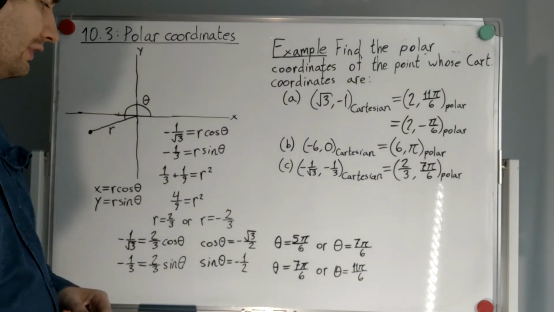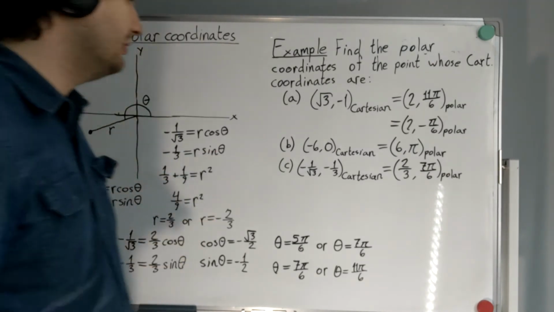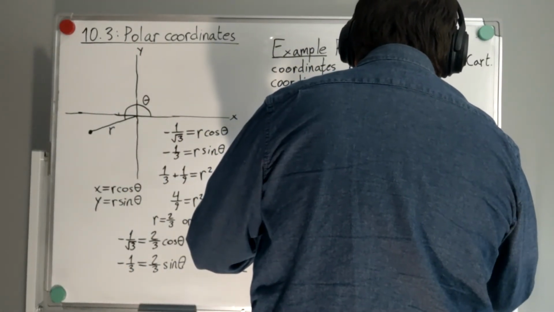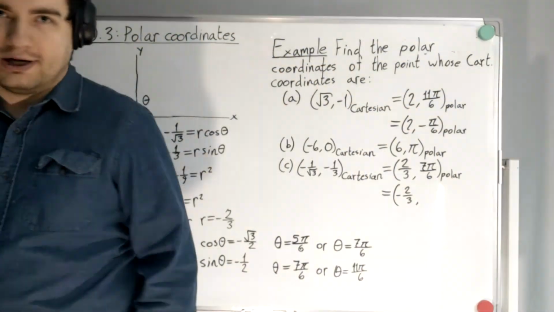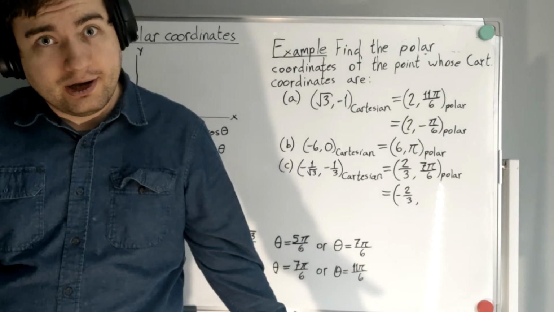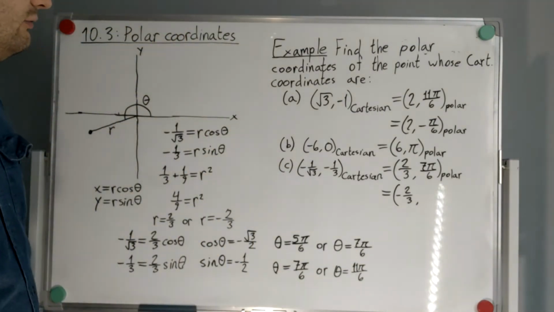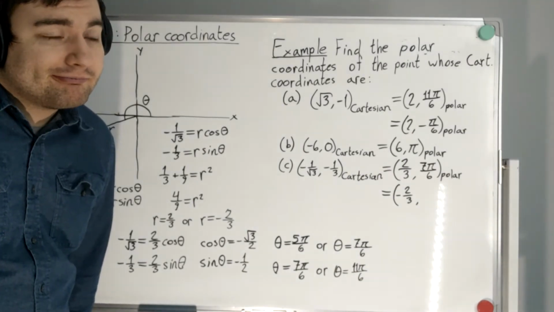By the way, just for completeness, we can also do it with the negative value of r. So we can say negative 2/3, and then rather than 7 pi over 6, we're going to have to add pi to that, or subtract pi, which actually gives us the same angle. Either way, you're going to get pi over 6.